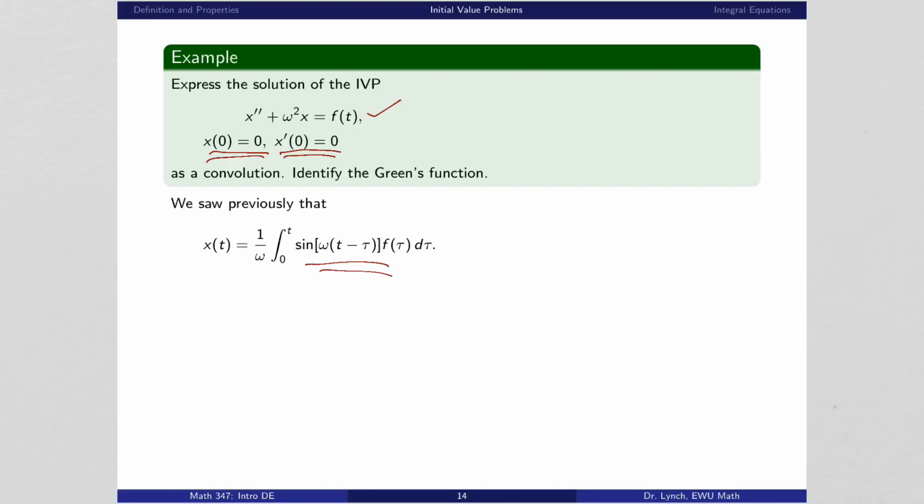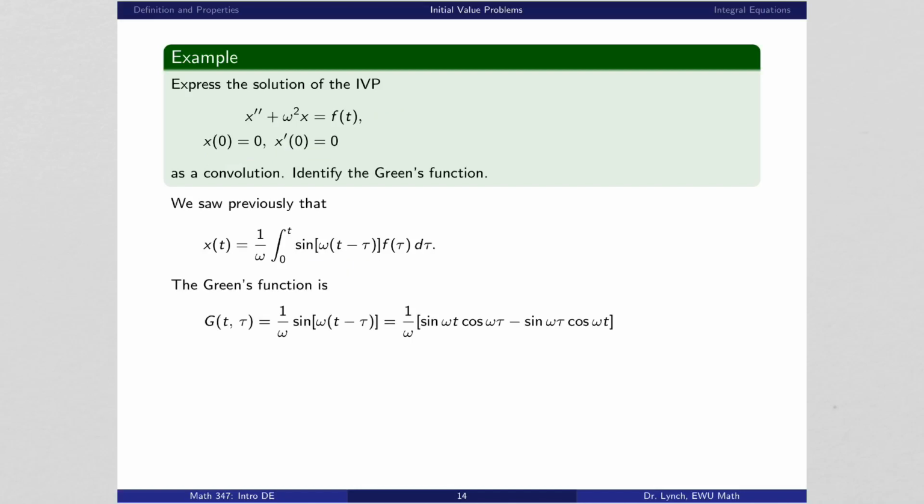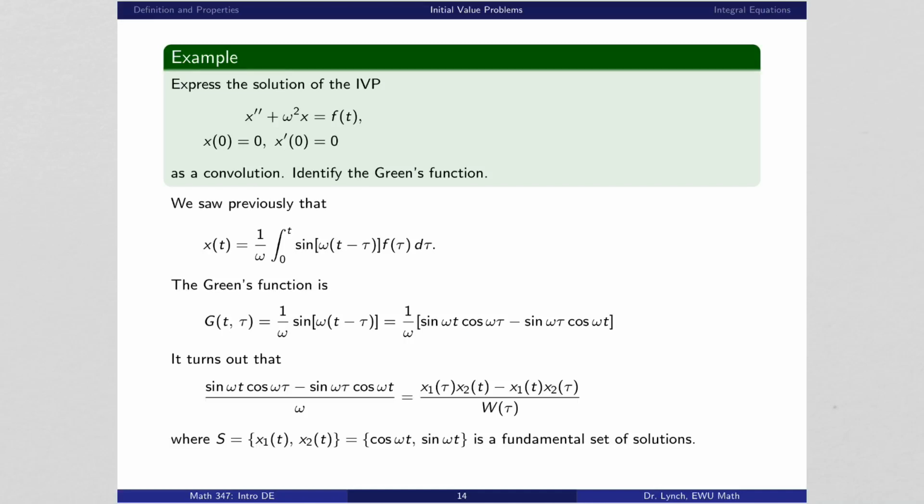Okay, so exploring that a little bit deeper, the Green's function for this particular equation using the fundamental set of solutions turns out to be this combination of cosines and sines, which, through the magic of a trig identity, we can actually write as exactly this function. So it turns out that this sine and this combination of sines are the same.